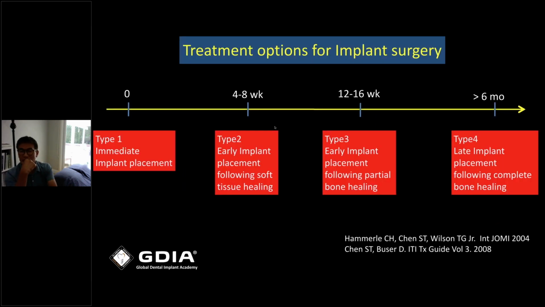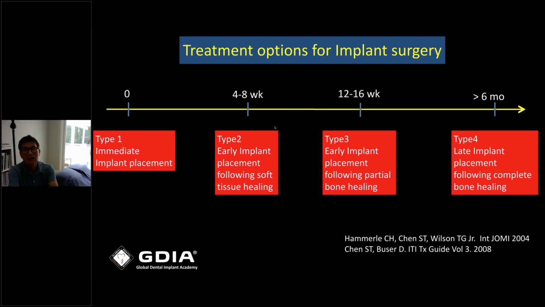I think 2008, because I was on the panel. Treatment options for implant surgery: there's obviously type 1, from the ITI consensus, which is immediate implant placement. Type 2 is 4 to 8 weeks, early implant placement following soft tissue healing.